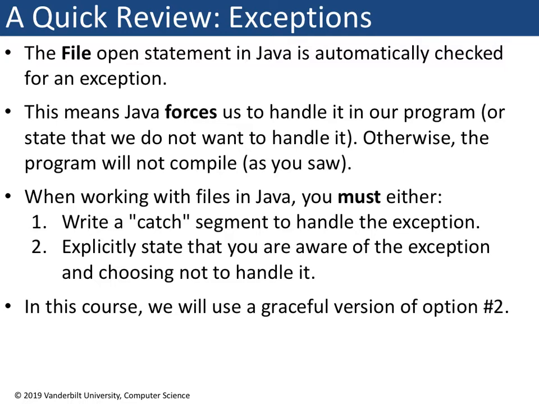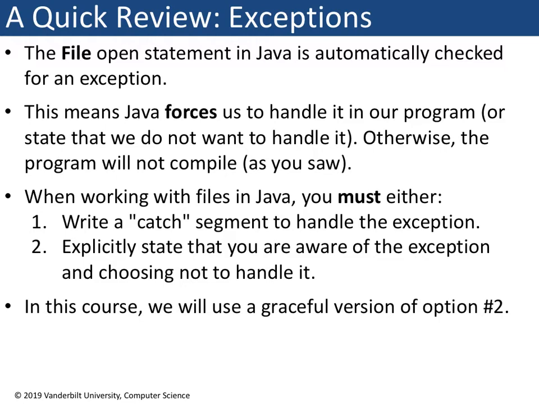We can either catch that exception that is thrown and deal with it in our program in an elegant, graceful way, or we can add keywords to our method to tell Java we want to hand this exception up to the next level, even if that next level happens to be the Java virtual machine, which means that ultimately our program is going to crash.